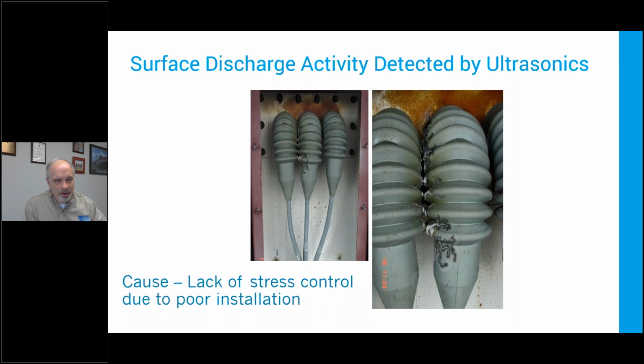Here's another example. This is using the wrong parts, right? I said in the beginning that you could use the wrong parts. I've got these boots. There's nothing wrong with these boots, but you can't put these boots that close together. Where the two boots come together, you've got these two circles, creating a concentration of field stress. You've got the tracking, which we can see. You've got the white powder, which is the insulation actually degrading and coming apart.